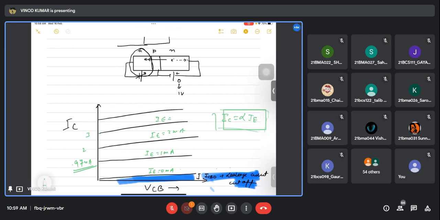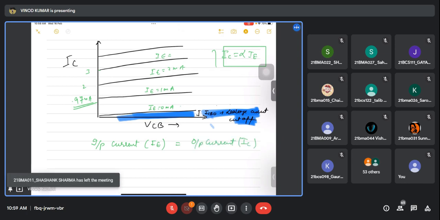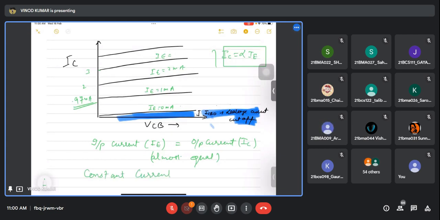So these two currents, the input current IE and the output current IC, are almost equal. That's why it is also used as a constant current source, a source which will give us constant current. This is the application of common base configuration.